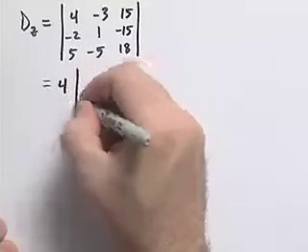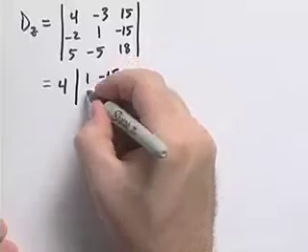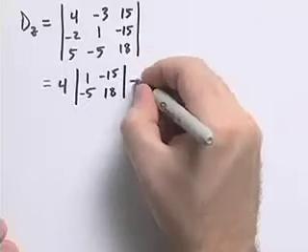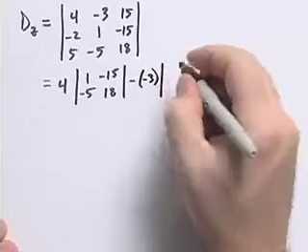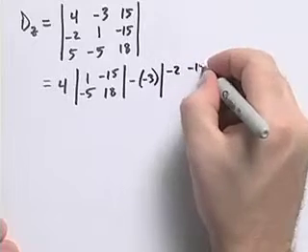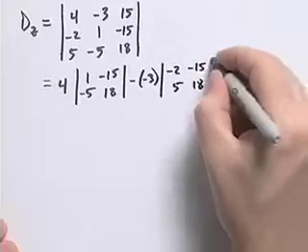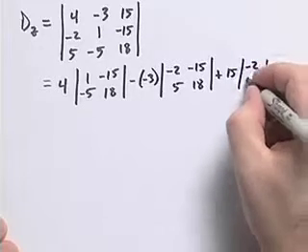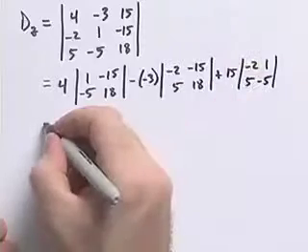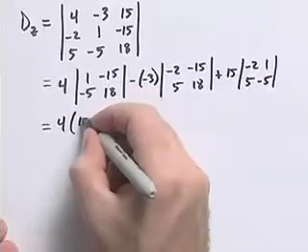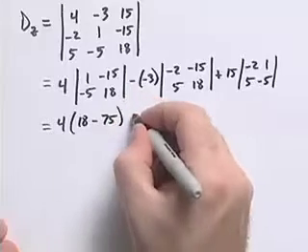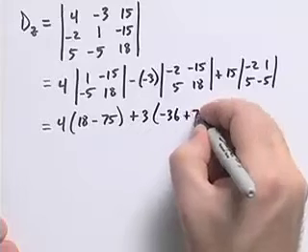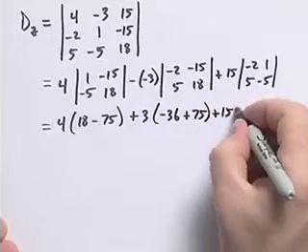So we'll get 4 times the determinant of 1, negative 15, negative 5, and 18, minus negative 3 times the determinant of negative 2, negative 15, 5, and 18, plus 15 times the determinant of negative 2, 1, 5, and negative 5.